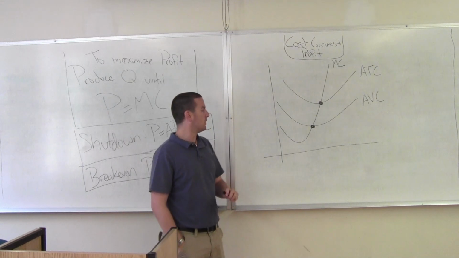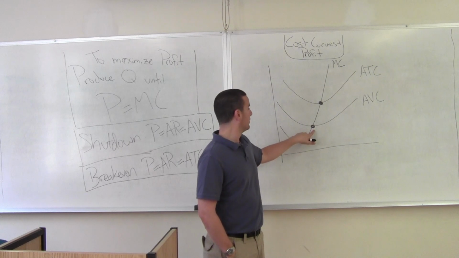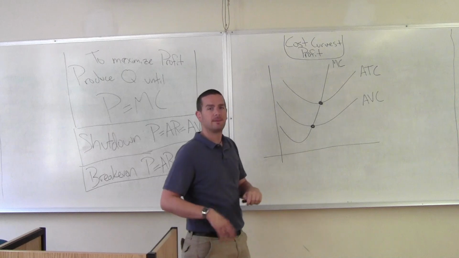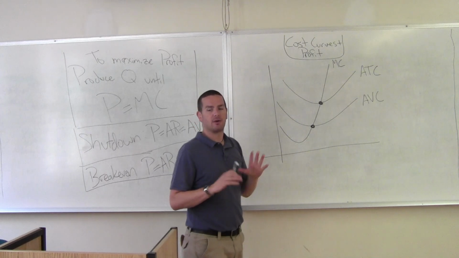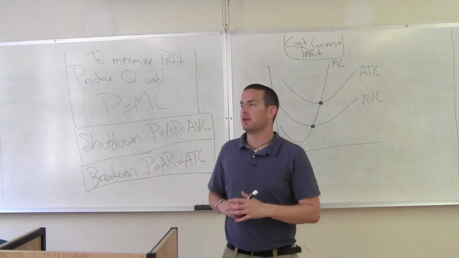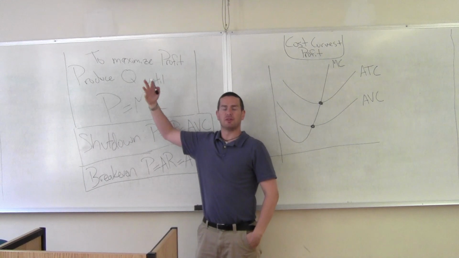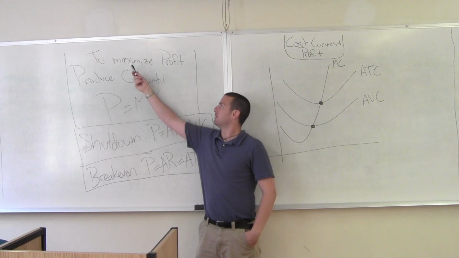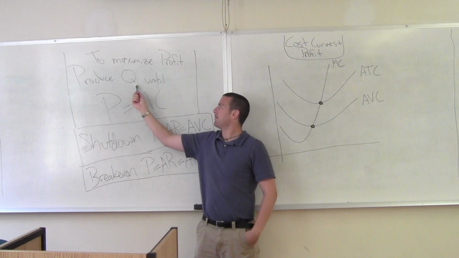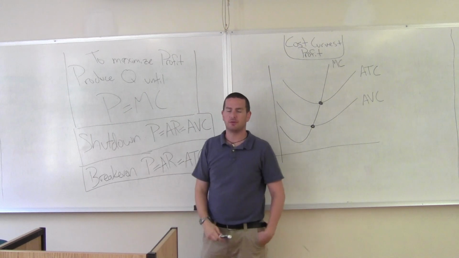I've also made a dot at the shutdown point and at the break-even point, okay? We also need to remember, if you want to maximize your profits, the golden rule of perfect competition: in order to maximize profit, you produce output until price is equal to marginal cost, okay?